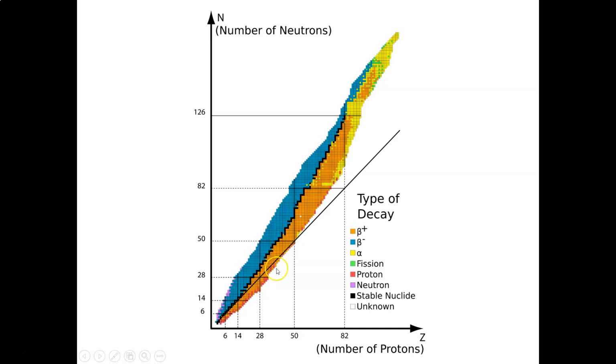If with that element you have not enough neutrons, a proton is going to split apart, create a positron, and gain a neutron. So again, it's going to move towards that line.